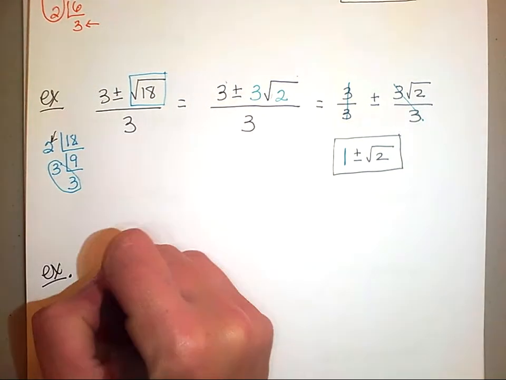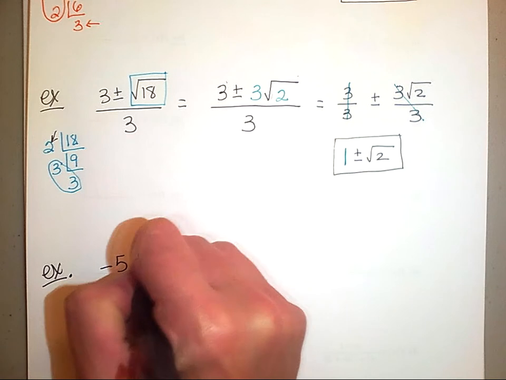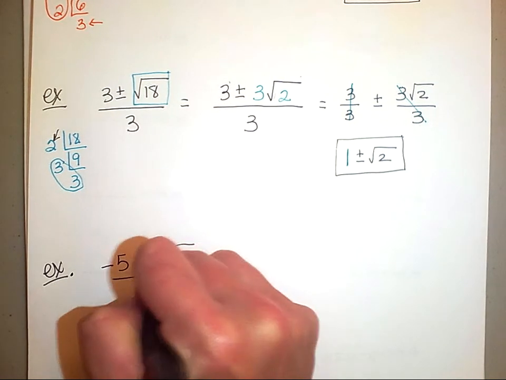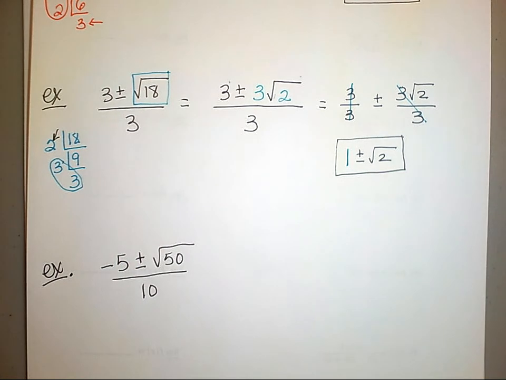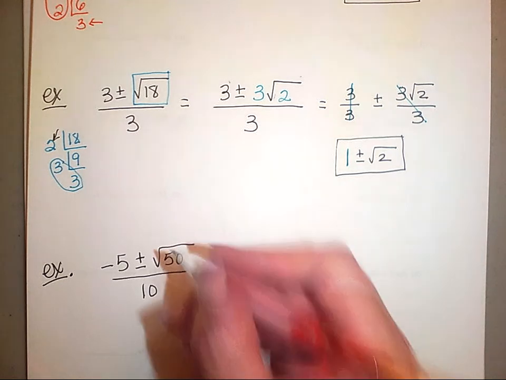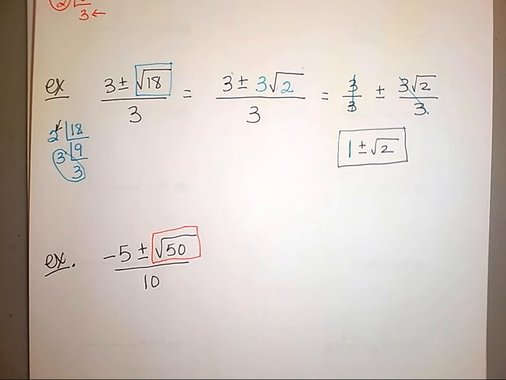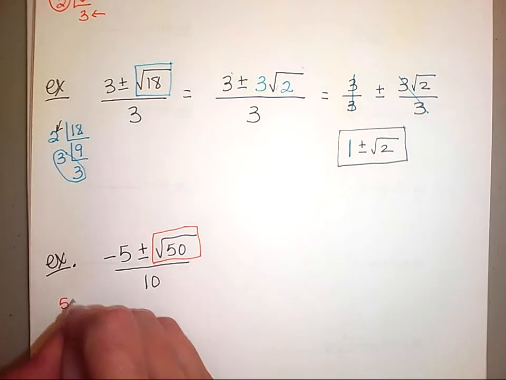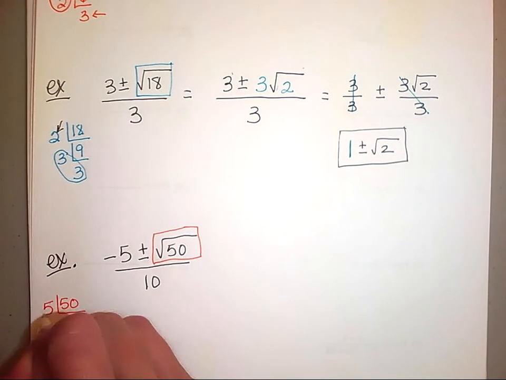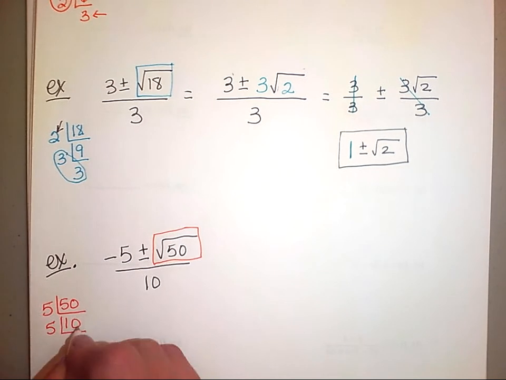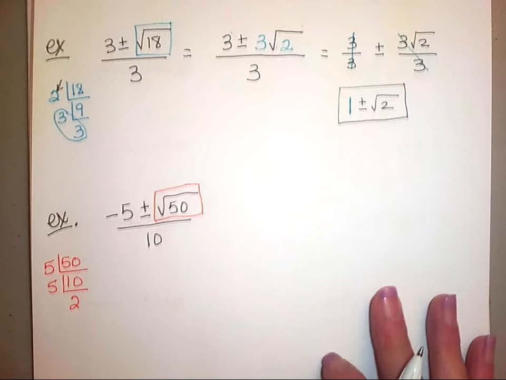So, for example, if we have negative 5 plus or minus the square root of 50 over 10. The process is still the same. We need to simplify what's under the radical. So let's look at the square root of 50. Taking the prime factorization of 50, 5 goes into 50 10 times, and 5 goes into 10 2 times.